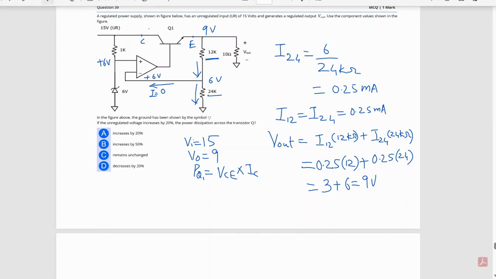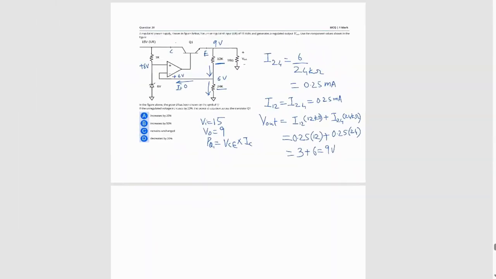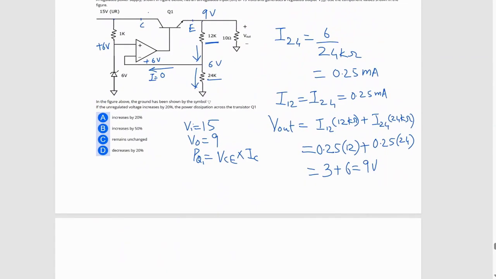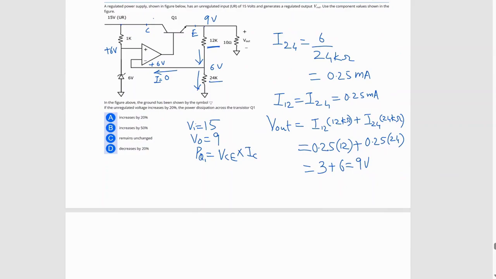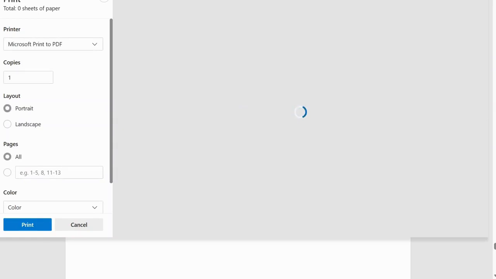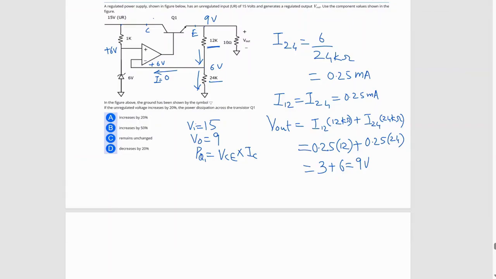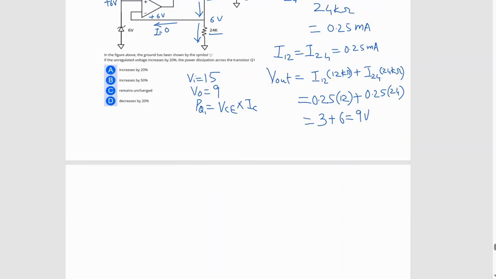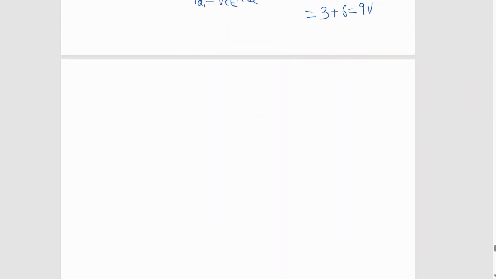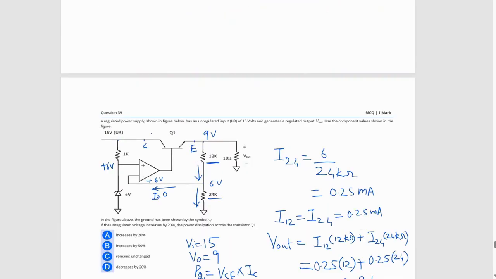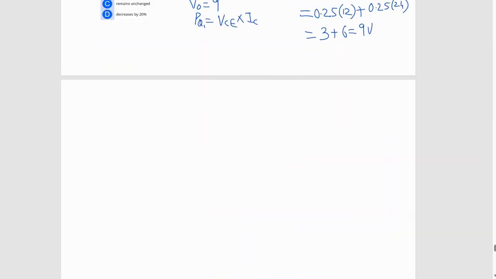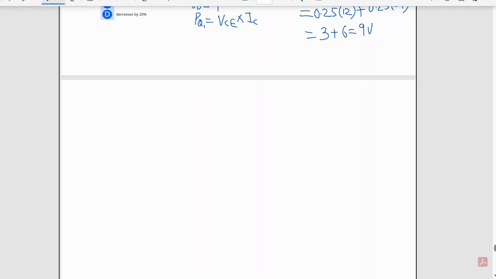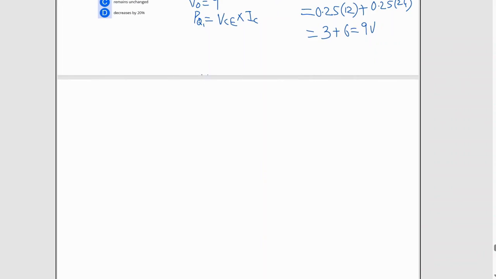Let me go to the next page. So VCE is input voltage Vi minus output voltage 9.